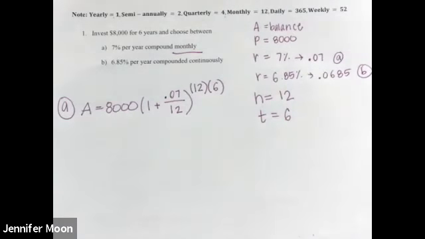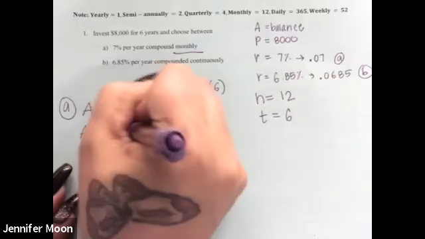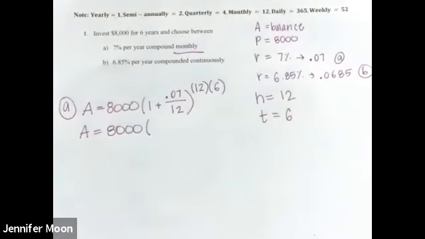And then from this point on, honestly, all you're doing is just using order of operations, right? You would notice that there's parentheses. Okay, I need to evaluate the parentheses first. Oh, well, that parenthesis is being raised to a power, so you can go ahead and look at that power first. So you really just need to break it down into little pieces, okay? So I would have A equals 8,000 open.